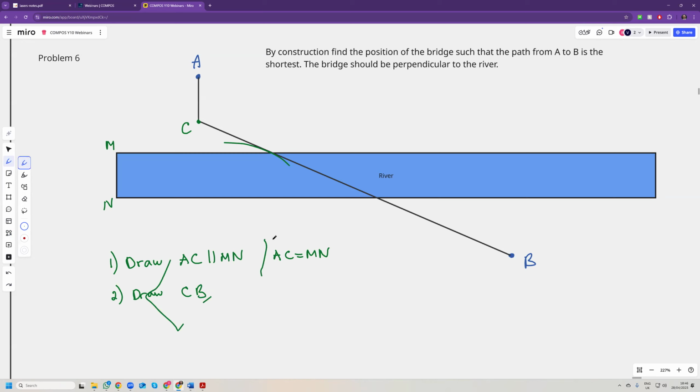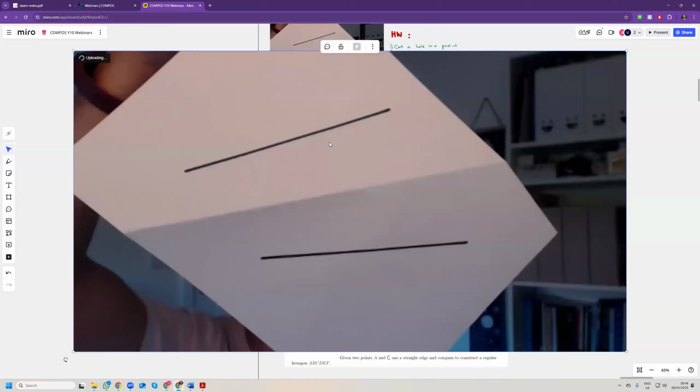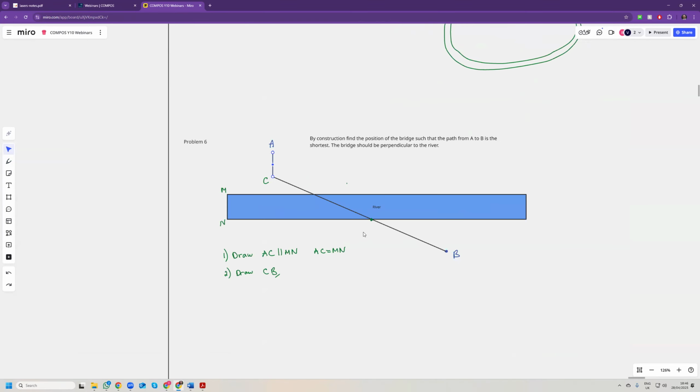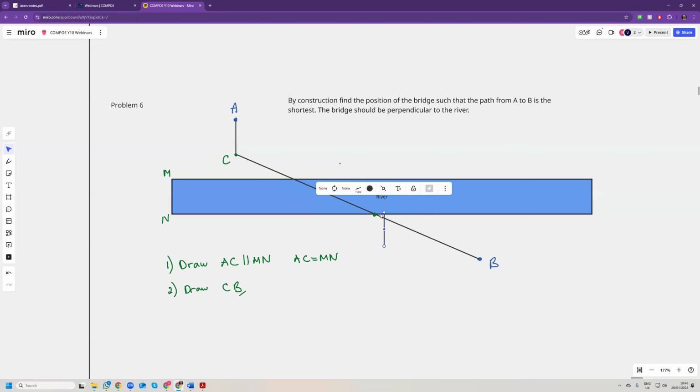Where CB crosses the river the second time, that's where your bridge should be. So you copy your bridge and you place it here. That's the position of your bridge.